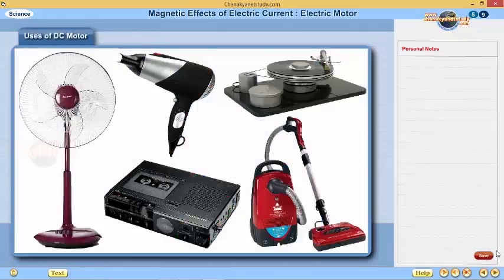These motors are used in electric fans, hair dryers, record players, tape recorders, and blowers.